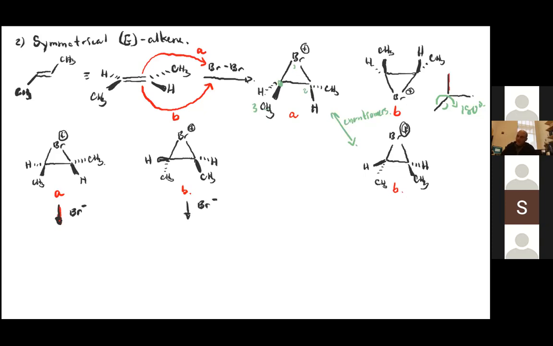Just like in our last example, the carbons aren't differentiated, and so they have the same substitution pattern. So I have to consider attack at either carbon. There's no good reason to attack the carbon on the left over the one on the right and vice versa. So we'll do the AB nomenclature again.